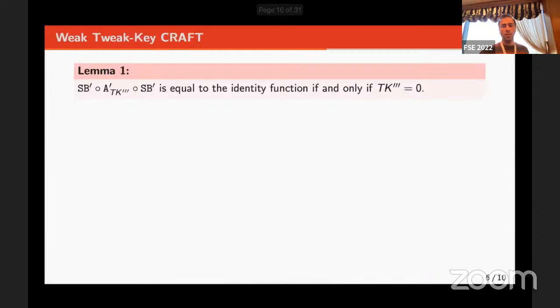We showed that this keyed operation will be the same as the identity function if and only if this tweaky value is equal to 0.